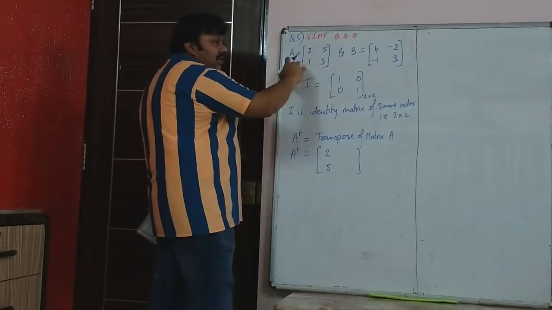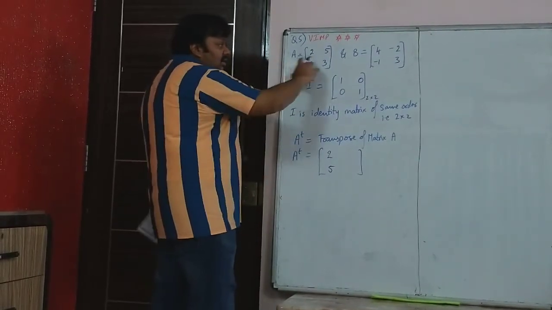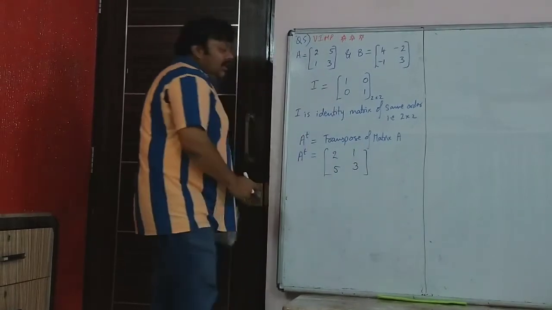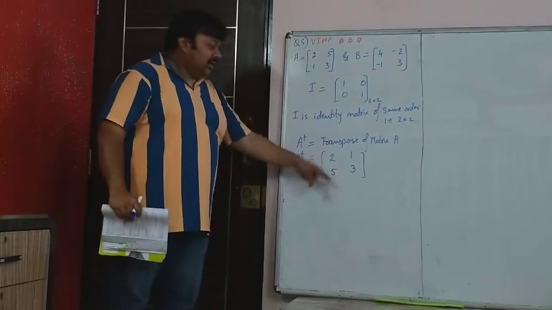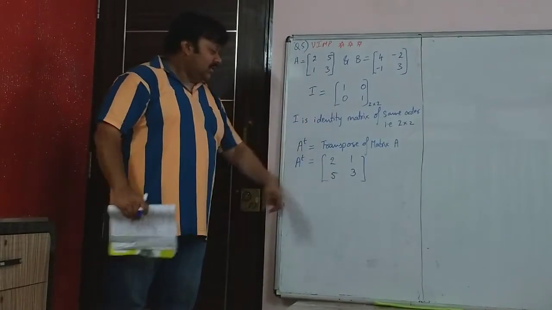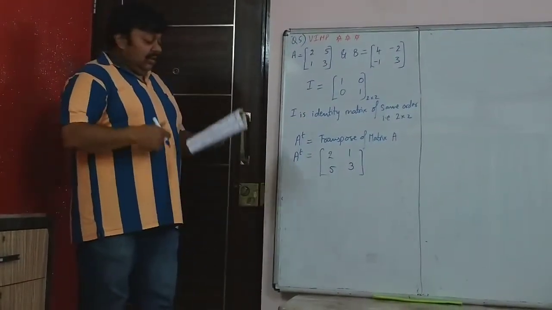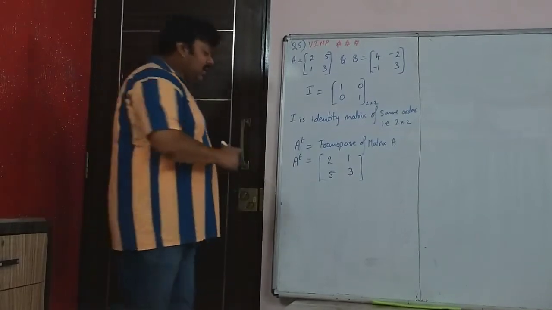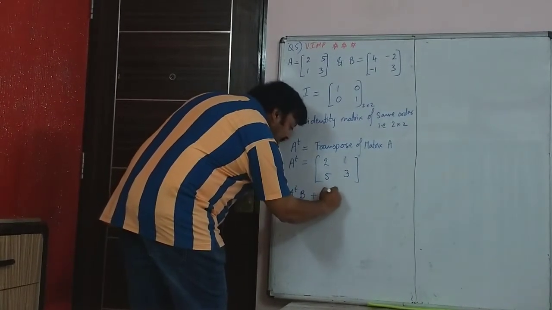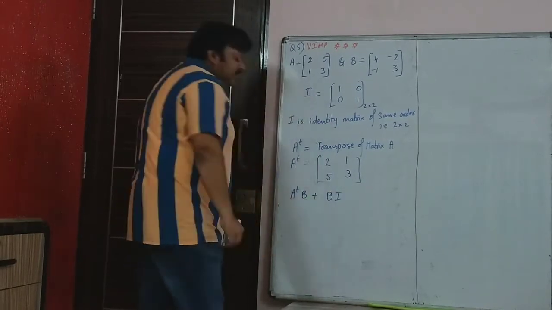And 1, 3, instead of writing it horizontally, you will write it vertically. So 2, 5 and 1, 3. So that is A^T. Now you are asked to find A^T B plus B into I.